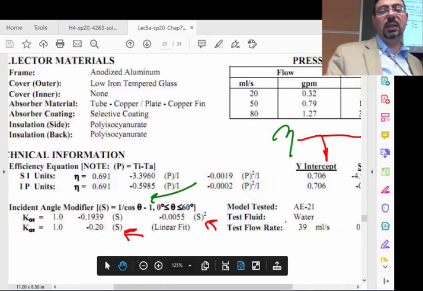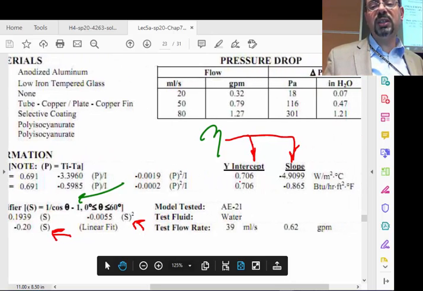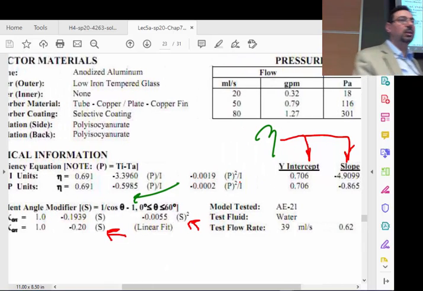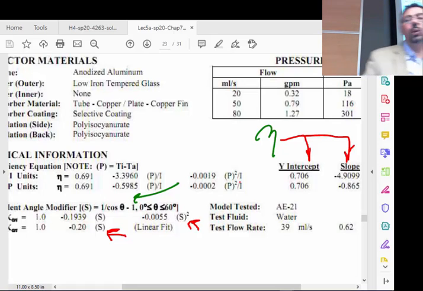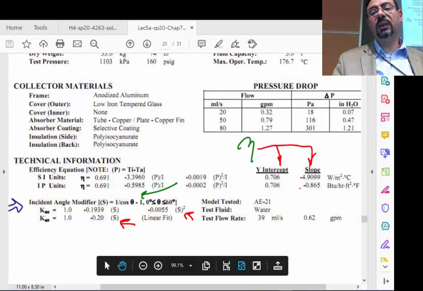Okay, and you can see, the accurate equation gives 0.69, the approximate equation gives 0.70. So you know what's 1% between friends, 0.69, 0.70. So that's why they rather have the linear fit.